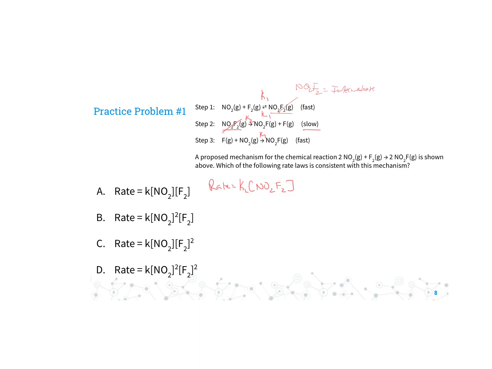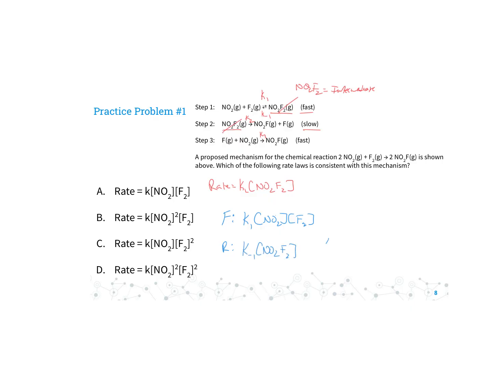And so, of course, we need to make the rate law without NO2F2 in it. So we use the fast step from before. We find the rate of forward is just K1 times NO2 times F2. And the rate of reverse is equal to K minus 1 times NO2F2.